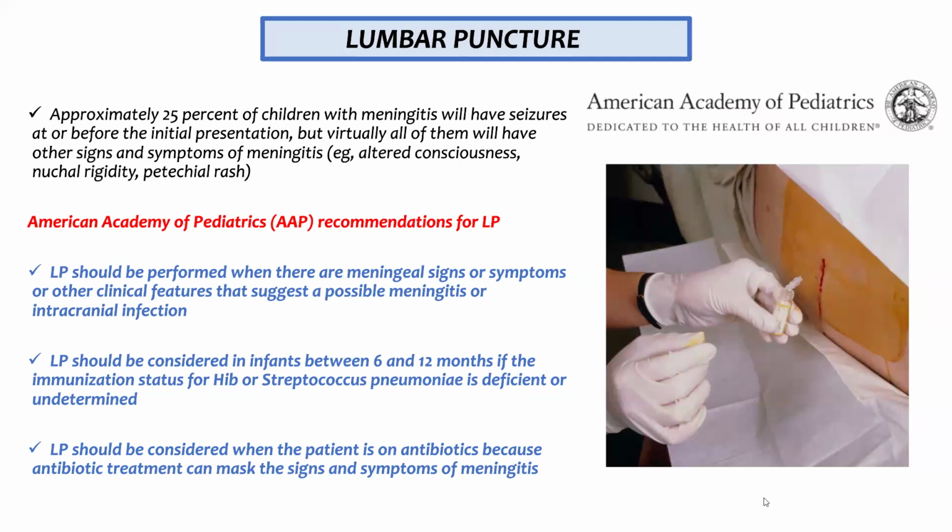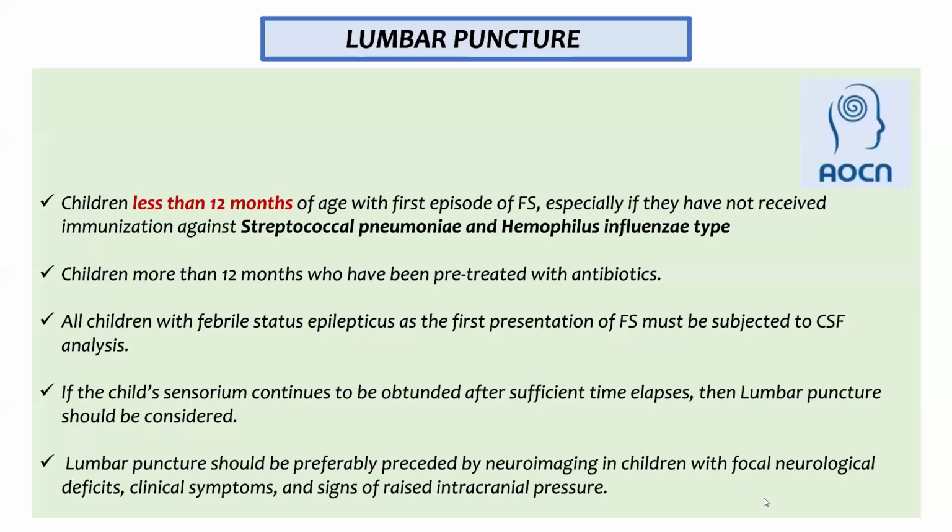So this is the guideline given by the American Academy of Pediatrics and also the American Academy of Neurology. So what does the AAN say? The AAN does not talk about whether the child should be less than 6 months or between 6 and 12 months. Here the guideline clearly says any child less than 1 year, with the first episode of febrile seizure, who is not vaccinated for Streptococcus pneumoniae and Haemophilus influenzae.